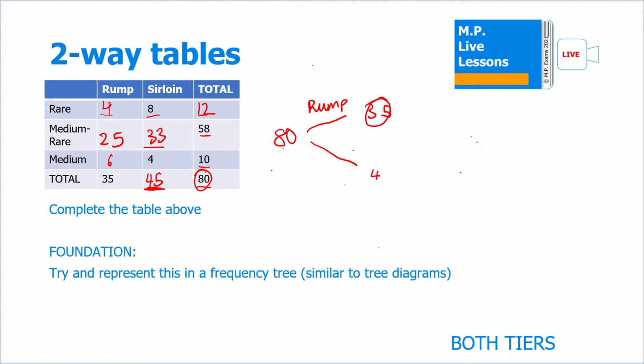And then 45 sirloin. And then we split off again from each based on how much it was cooked. So the rare, medium rare, and just medium. So we'll branch out again. So the rare, medium rare, then medium.